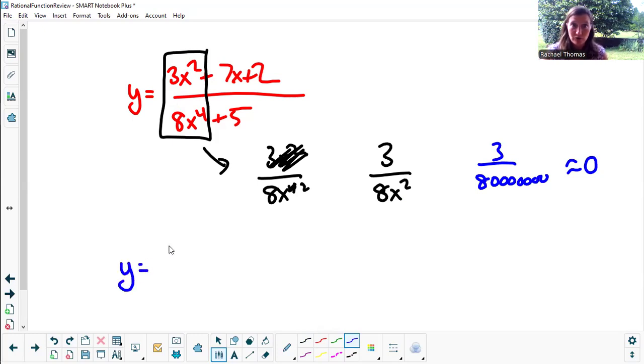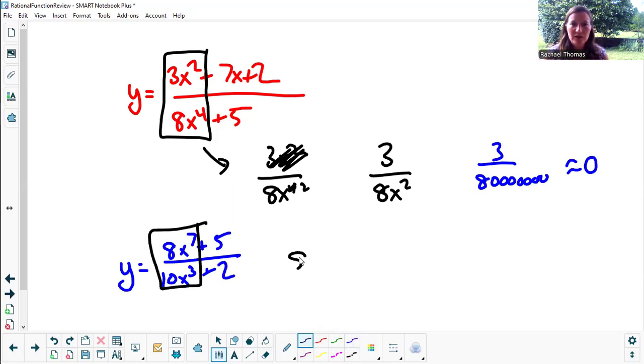If the numerator is bigger, so here I've got one where the numerator is larger. If the top wins, simplify this, I'm going to get 4x to the 4th over 5. We can see as I plug in a bigger and bigger x value, that number will actually get bigger and bigger. This will go to positive infinity.